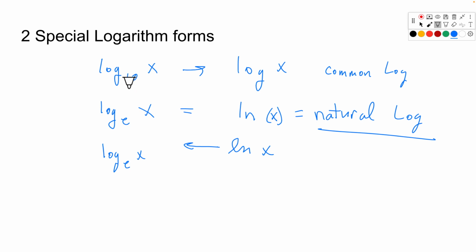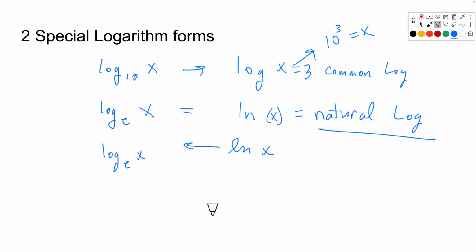And that's the problem we have when we don't have the base written. If I need to rewrite this in the other form, I just have to remember that's 10 to some power equals x. So if I were to solve this, I say, okay, 10 to the third power equals x, but since there's no base here, I have to remember that that's a 10.